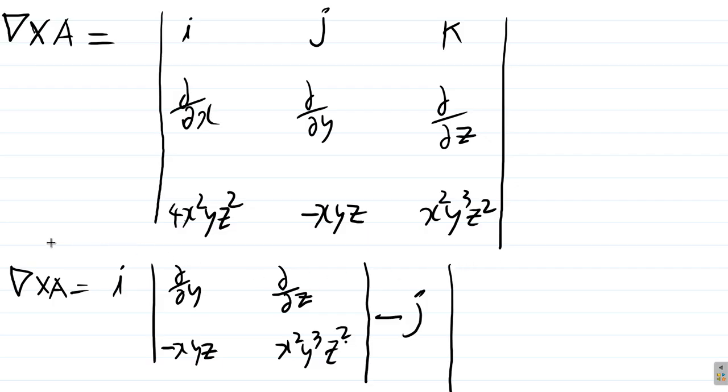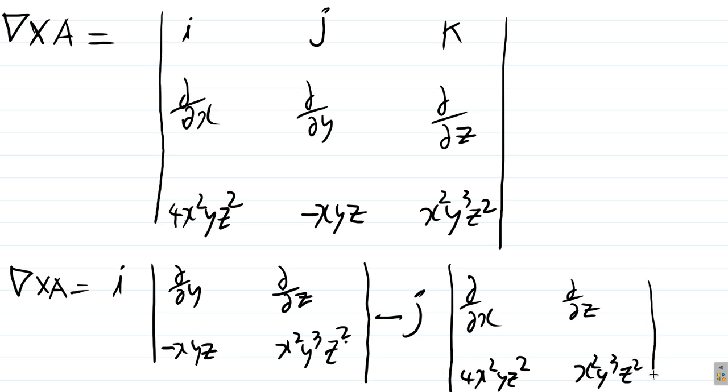You will cover up the row and column with j, so what you're going to have is partial by partial x, partial by partial z, 4x squared y z squared, and x squared y cubed z squared.